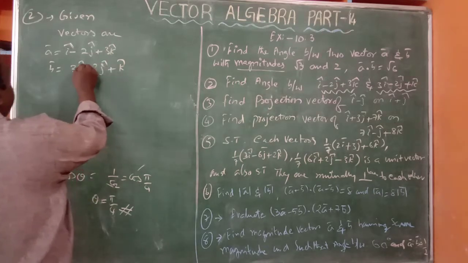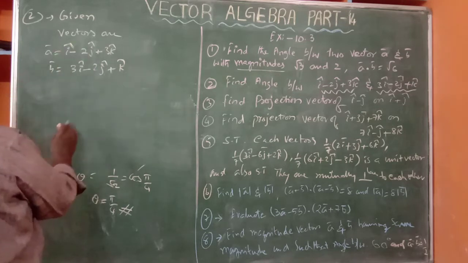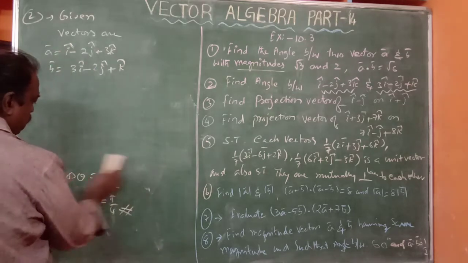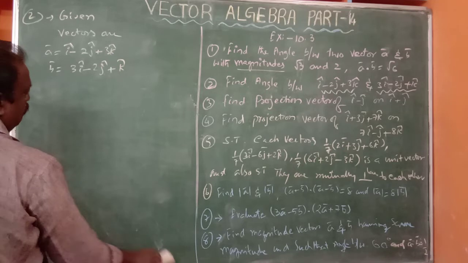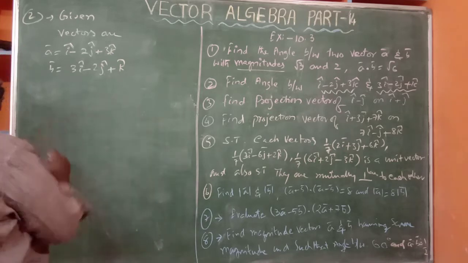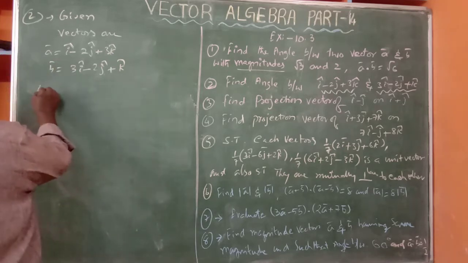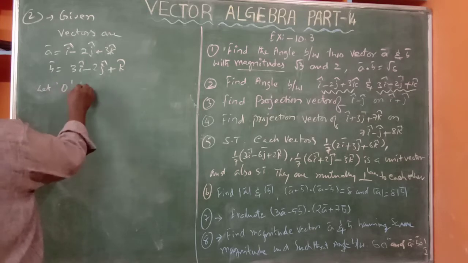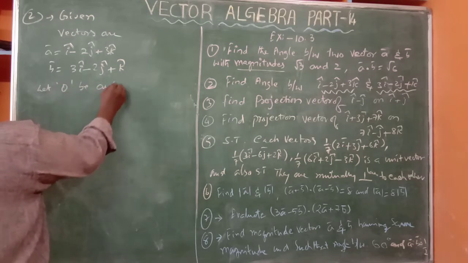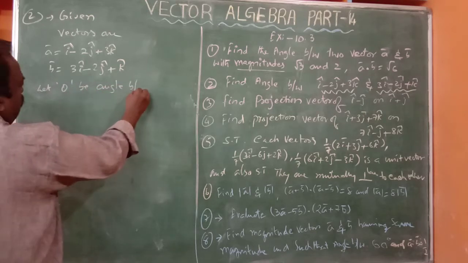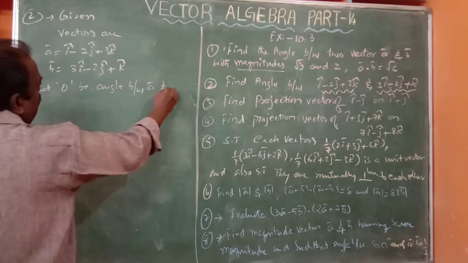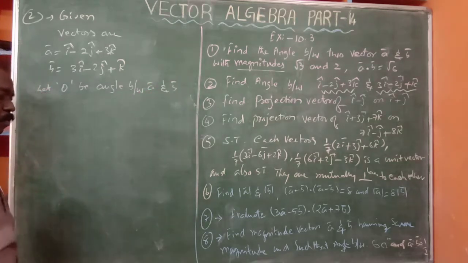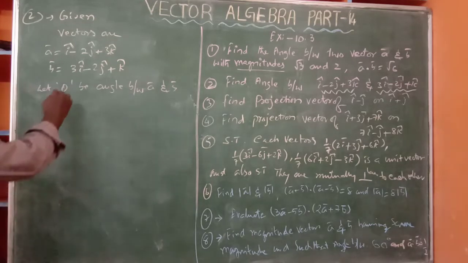Now we are asked to find the angle between those vectors. Let theta be the angle between A bar and B bar. We are assuming the angle between A bar and B bar be theta.